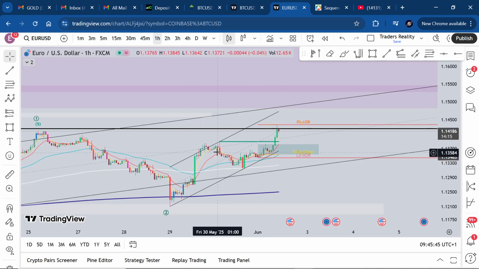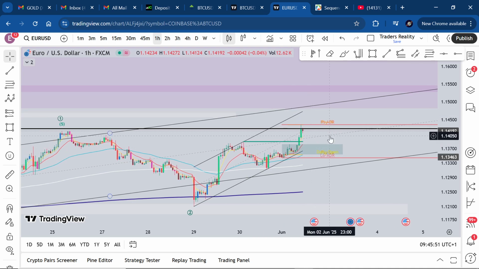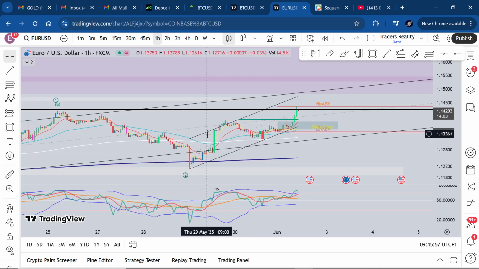The 13 crossed the 50 EMA over here. We came back to it and we're continuing. So yeah, I'm anticipating pullbacks to be quite shallow, actually, looking for the opportunity to take the continuation buys to the upside.